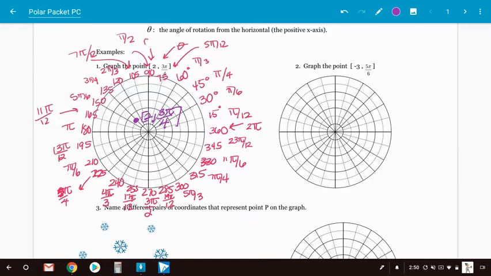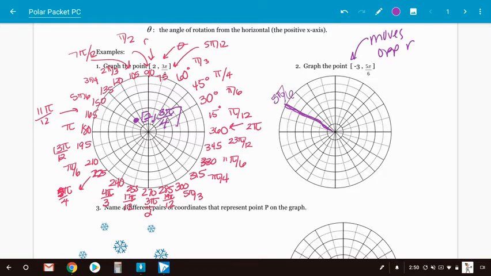Okay, so then this one is different. It has a negative radius, so this moves opposite of positive r. What I'm going to do first is find 5π over 6. That should match up with this thicker dotted line. Here's 5π over 6, and I'm going to mark that.